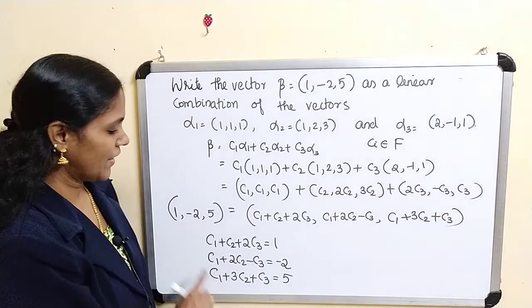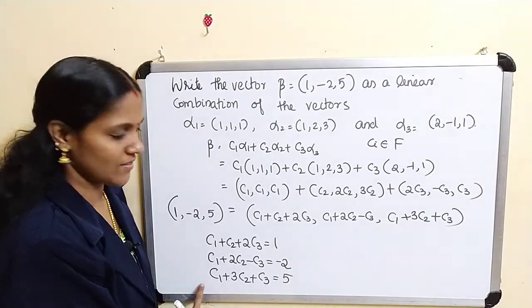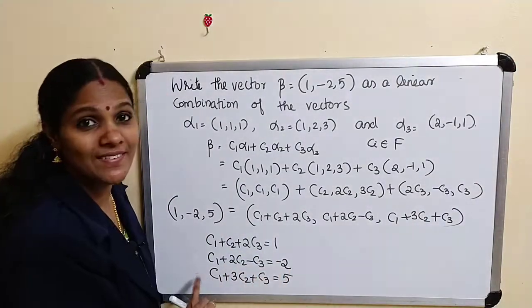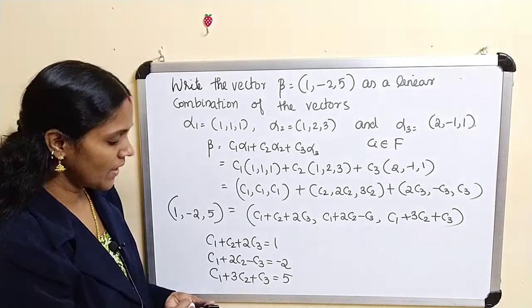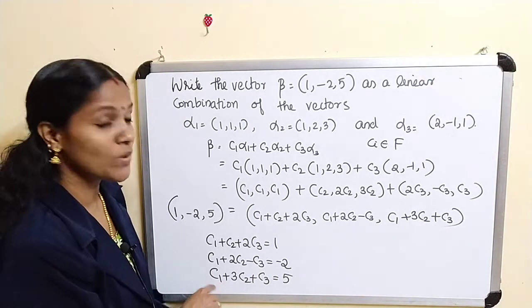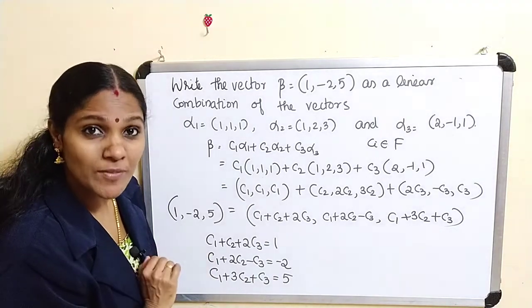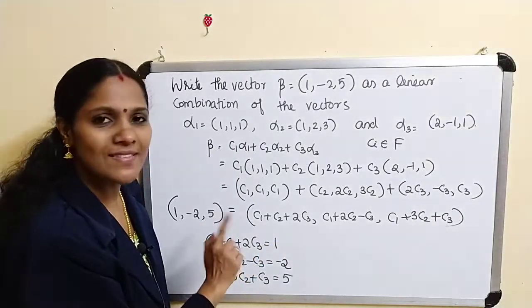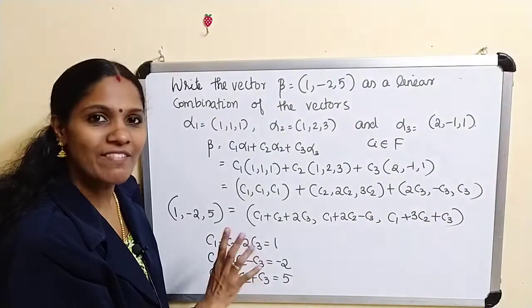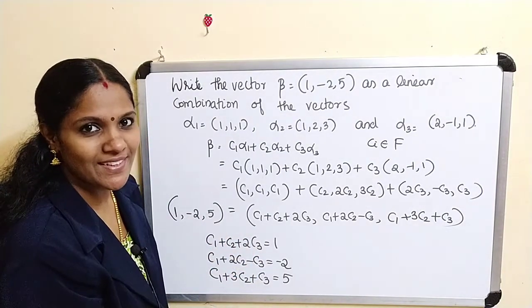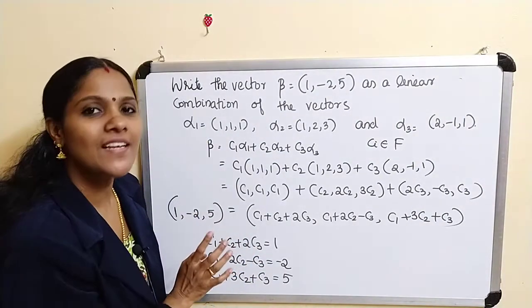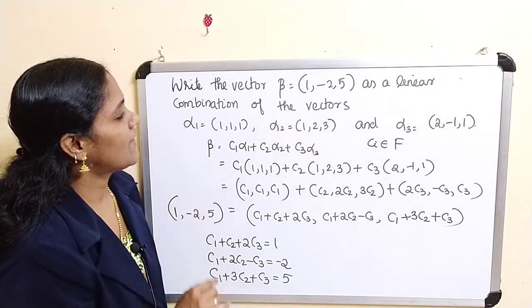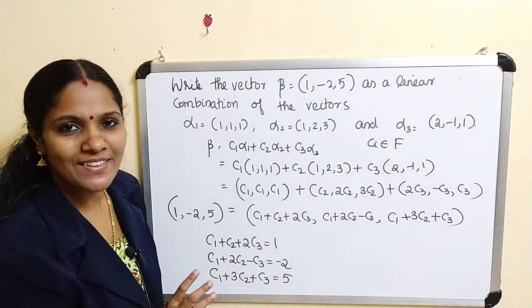This is a system of equations. If this system of equations is consistent, meaning a solution exists, that means there are values for C1, C2 and C3. That implies beta is a linear combination of alpha 1, alpha 2 and alpha 3.